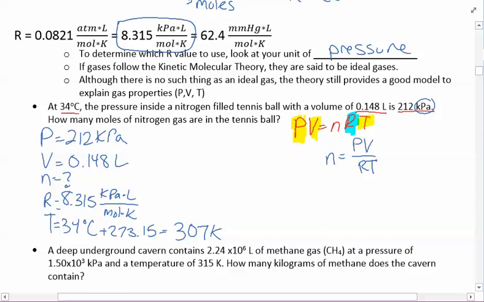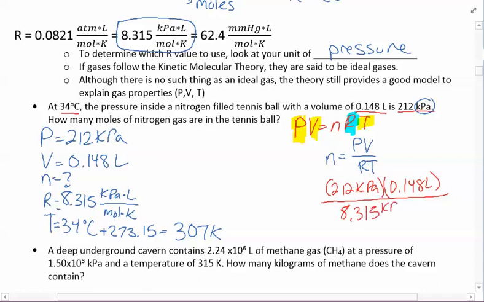So we can now plug in our variables. So we have P, 212 kilopascals, times volume of 0.148, all over our constant 8.315 times 307 Kelvin.